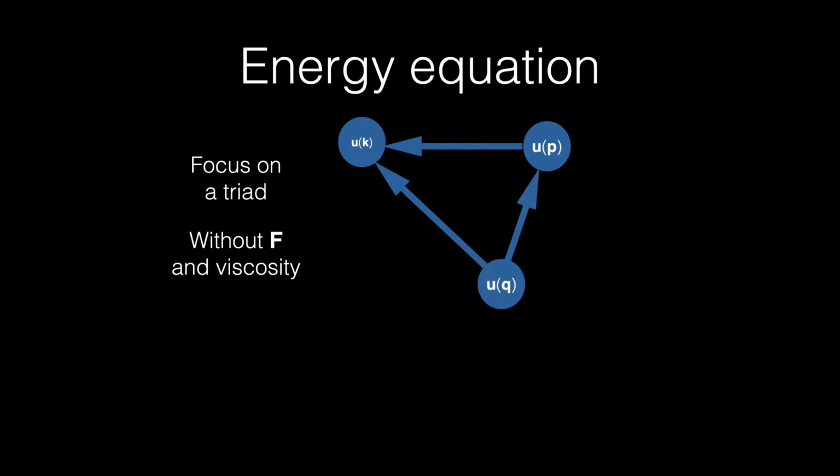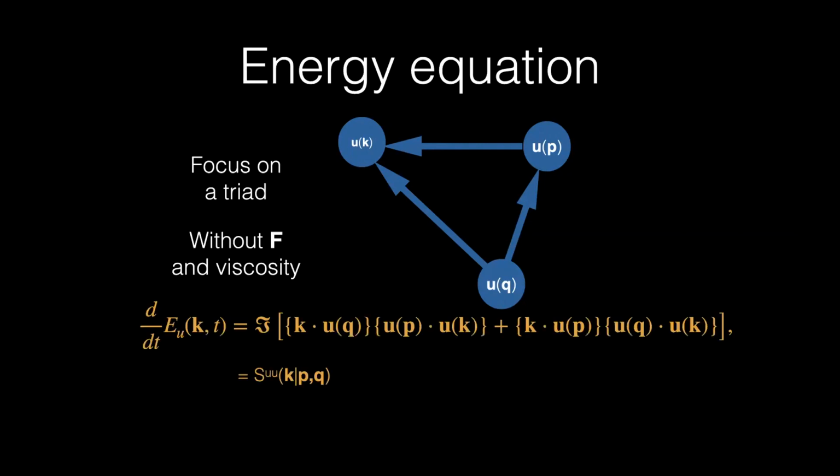From the velocity field, I can get the energy equation. And for a single triad, with U(p), U(q), and U(k), this is the formula for a single triad energy transfer. There are two terms: U(p) gives energy to U(k), and U(q) gives energy to U(k). These are all included here.